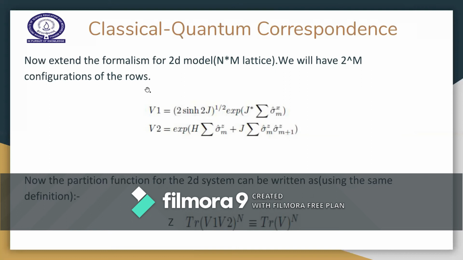So it's very easy to extend the 1D model to the 2D model. Now the structure of these matrices V1 and V2 will be like this. And now the partition function for the 2D system can be written as this, where V1 and V2 have a similar structure, they just have a two-dimensional interpretation.